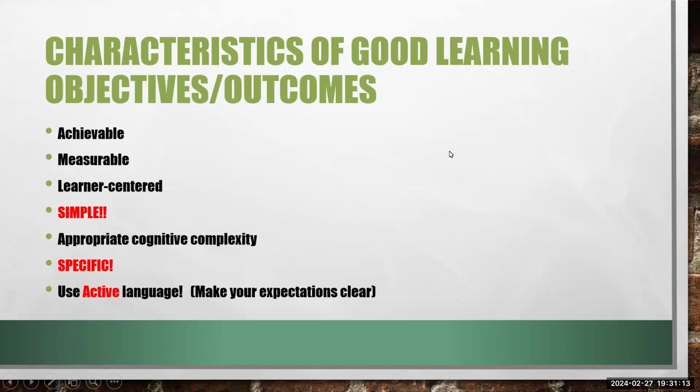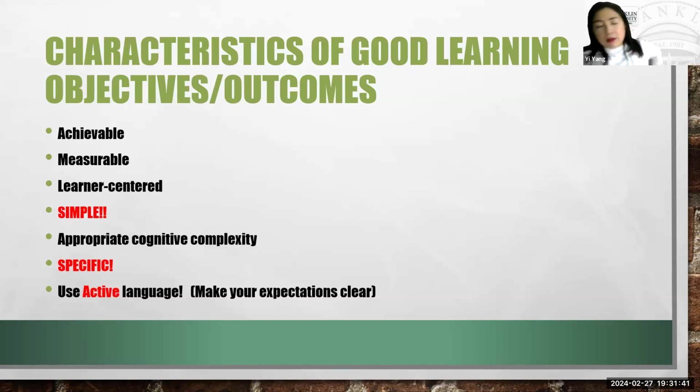That means we have to somehow be able to quantify you getting better at it. So measurable means you need to be able to apply a grade to it or apply quality to it, and be able to provide feedback for it that allows the person to be able to do it better.